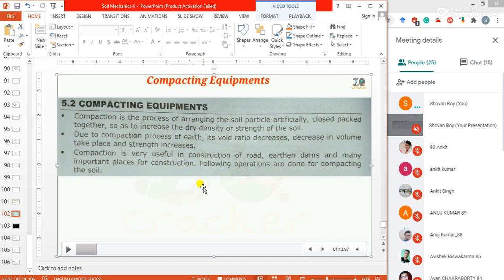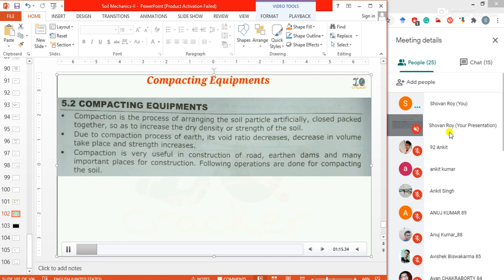And fifth, track laying vehicles. So there are five types of rollers: smooth wheel rollers, pneumatic tired rollers, sheep foot rollers, lorries and pneumatic tired construction plant, and finally track laying vehicles. I have some examples or videos you can observe.